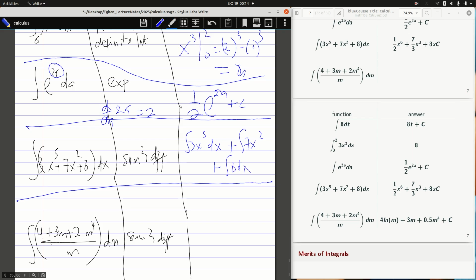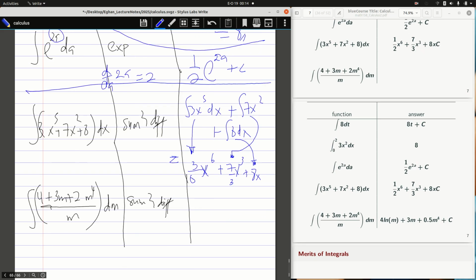So this is going to be equal to, by the power rule, 3 over 6 x to the power 6, plus, if I integrate this part, 7 over 3 x to the power 3, and if I integrate this part, it is just 0. Oh, I keep mixing differentiation with integration, that is 8x plus c, because it's an indefinite integral. You can simplify further if you have to, because over here I'm going to get 1 over 2.